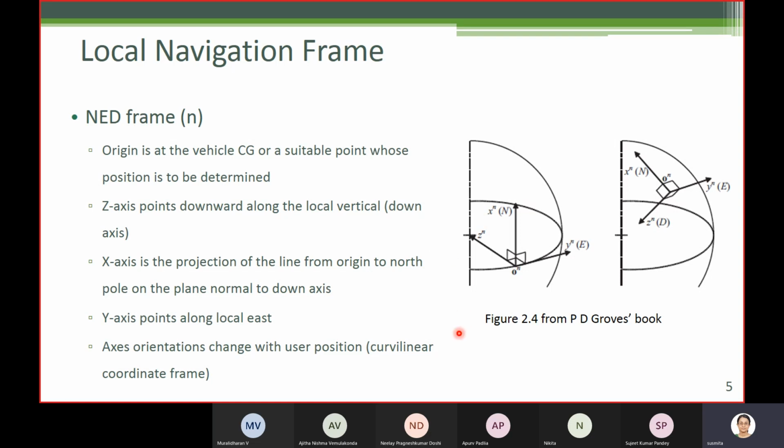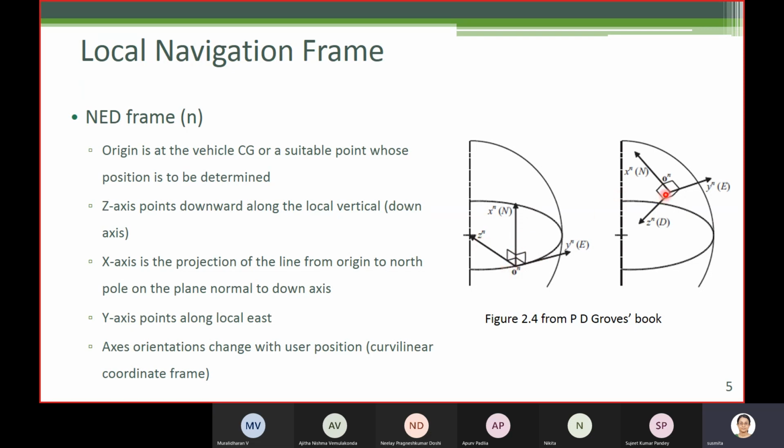Now there is an important difference between this frame and the previous two frames. What is that? Just see the orientation of the axes as the origin moves on the surface of the earth. This is how the axes are oriented when the origin is here at some latitude and longitude. And when the origin is on the equatorial plane, this is how the north, east and down axes are oriented.